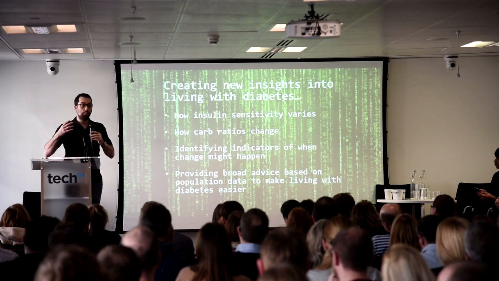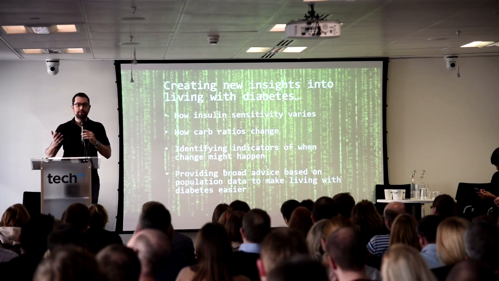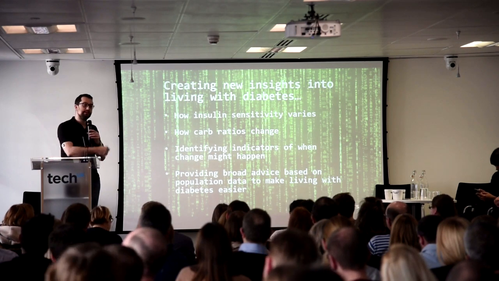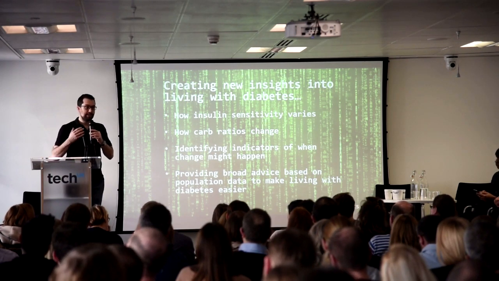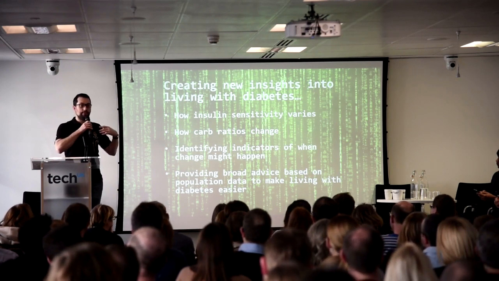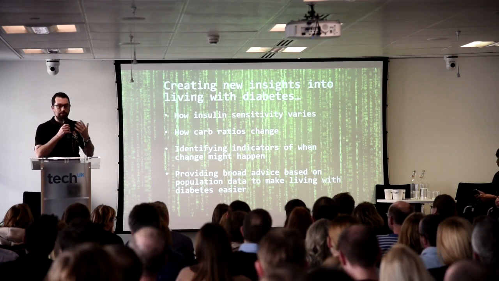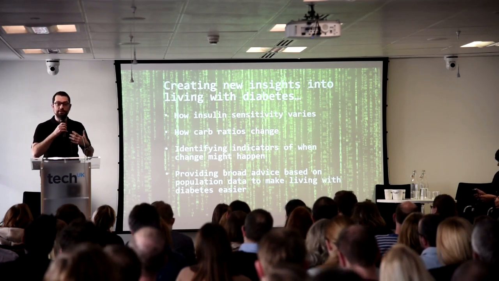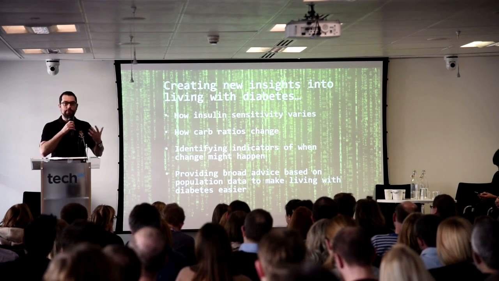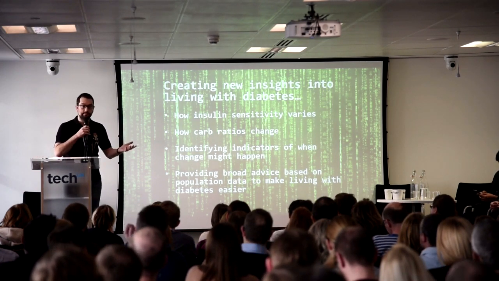And that's why we are encouraging people who are using the various looping systems out there to upload their data to Open Humans. There's a team there, and the research that Dana's involved with allows us to get the resources to do this work and to understand far more of what's going on with our bodies at points in time through our lives, and share that information with people to make living with diabetes easier.